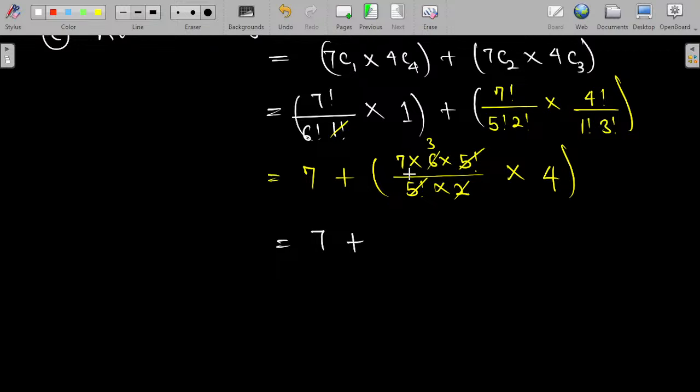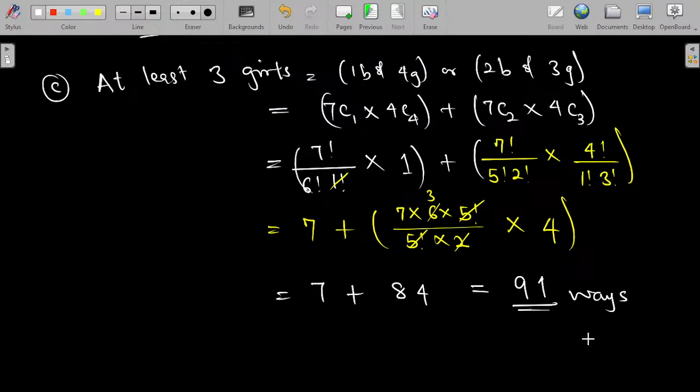So here you have 21 times 4, which is 84, if I am correct. Yes, 84. And 7 plus 84 is 91. Okay, so there are 91 ways that you can get at least 3 girls. And that is the last question for number 12.